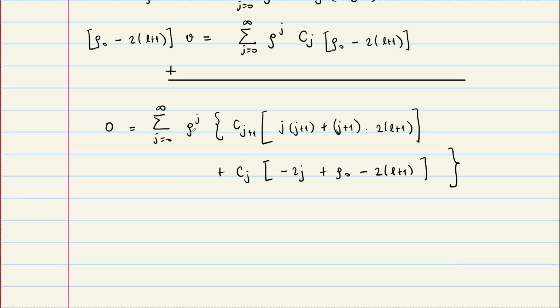Since this equation is valid for any rho, right? Rho, I don't know, 0.1, 0.5, that means this entire coefficient here should be 0 for this to happen. That's also the general argument.